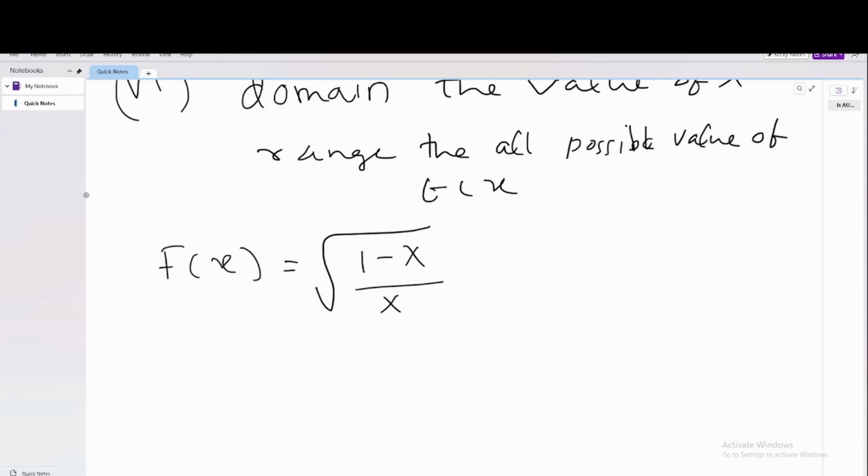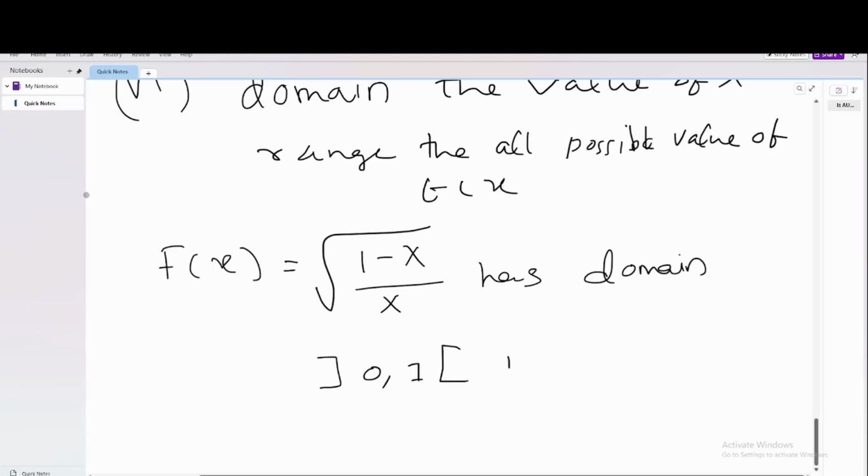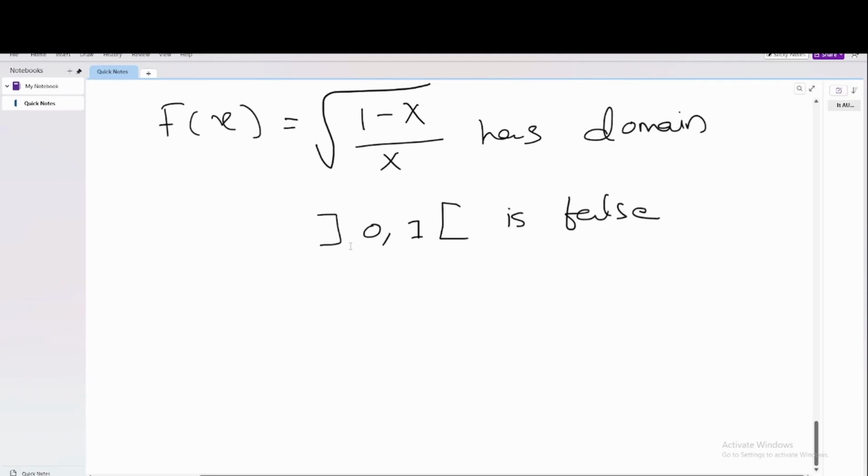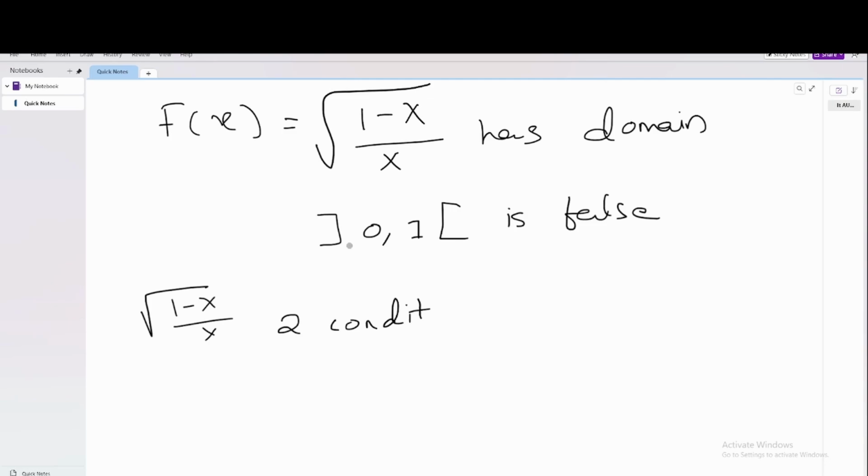For this to have a domain, two conditions must be satisfied.